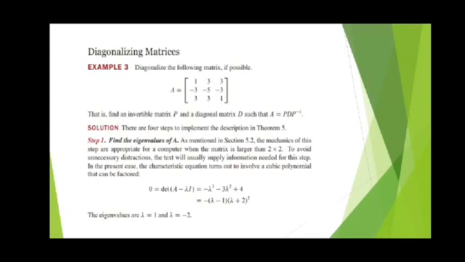In previous problems we learned how to find eigenvalues and eigenvectors, in the characteristic equation topic. So in the first step, we calculate eigenvalues using the characteristic equation, which is determinant of A minus lambda I equal to 0.